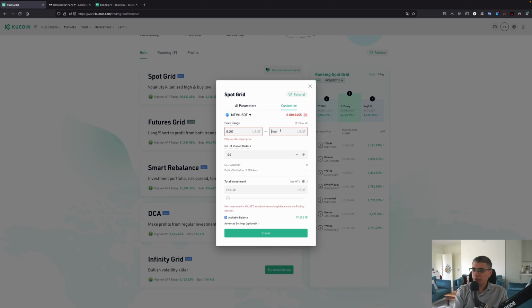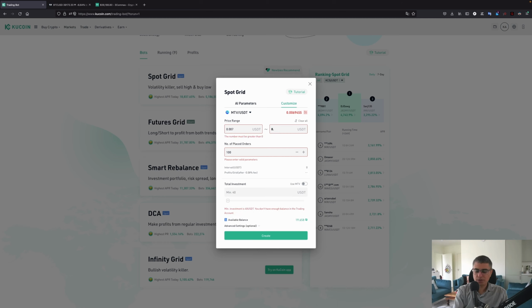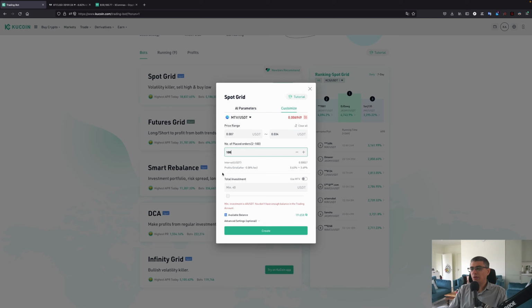Let's say that I want to set this as high as possible, just to be sure, 0.034, 0.034, right? And you can see here the profits per grid after the fee and the interval between these grids. I'm not very worried about this as well, because as the price goes higher, I can also adjust the grid range so that I can increase this taking profits percentage.